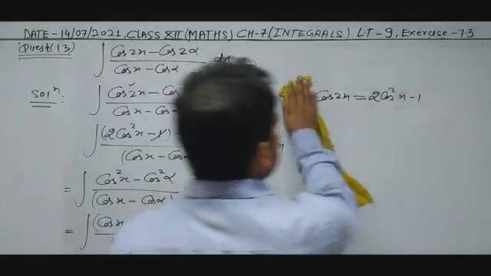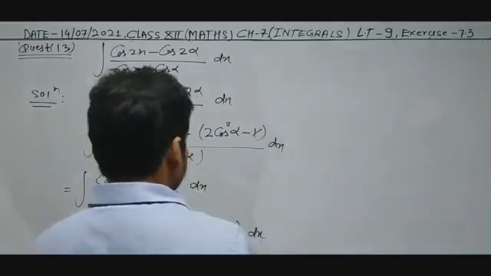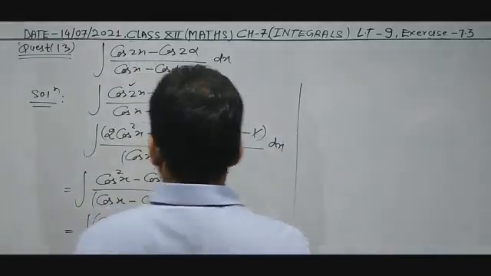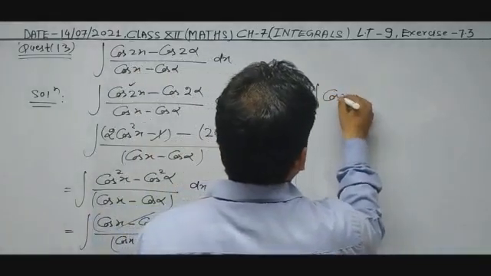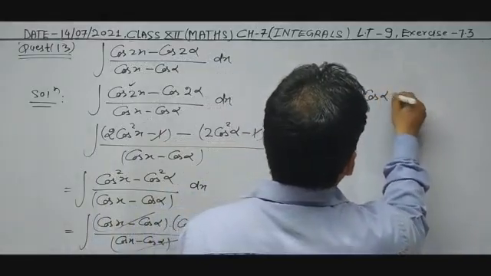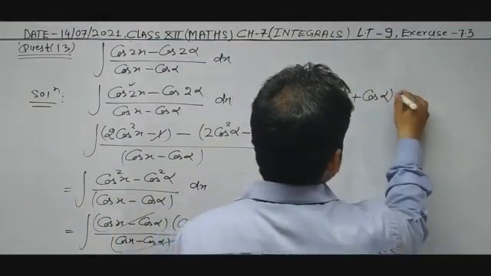So see here, integration over cos x plus cos alpha dx will be left.